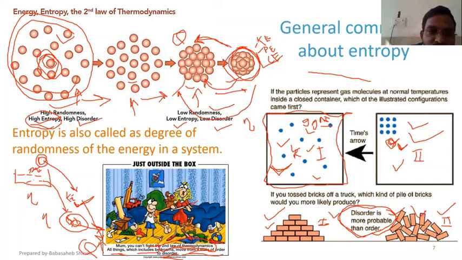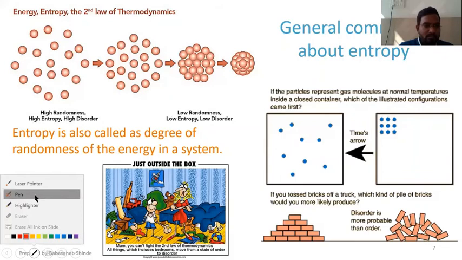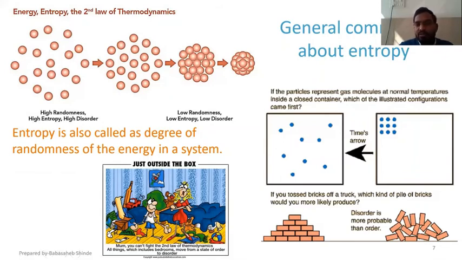When you convert this one into the next step where the degree of disorder has further increased, the efficiency will reduce a little bit compared to this one. Okay, so there is a direct relationship between efficiency or energy conversion rate, entropy, and degree of disorder.